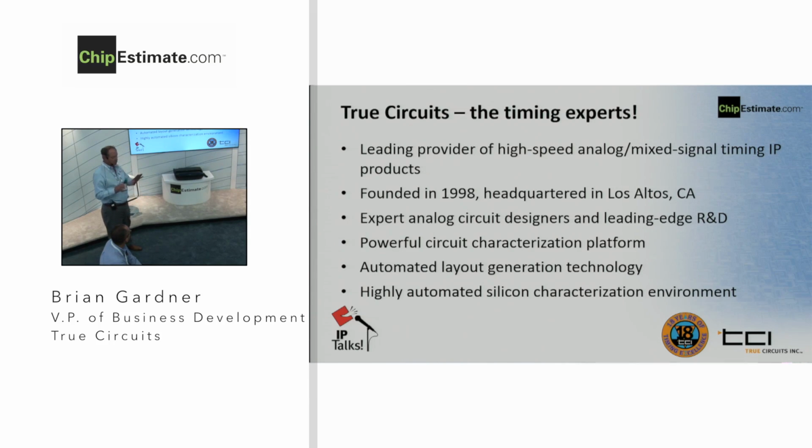So if you looked at our IP, we look a little more like soft IP than hard IP. You'd see something that looks like a computer language that encodes the placement as well as the circuit design and even the simulation and testing. We have a highly automated test environment.